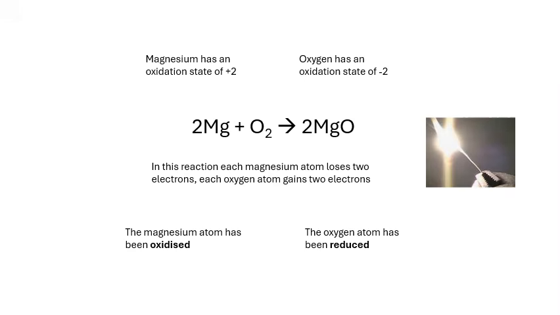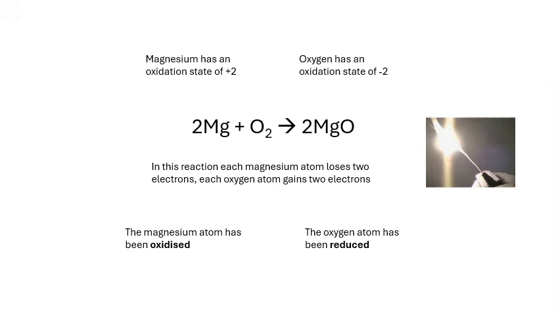Now, in this reaction, each magnesium atom loses 2 electrons, okay? And each oxygen atom gains 2 electrons. We say that the magnesium has been oxidized, not because it's reacting with oxygen, but because it's losing electrons, which is what happens when you react with oxygen and a few other things as well.